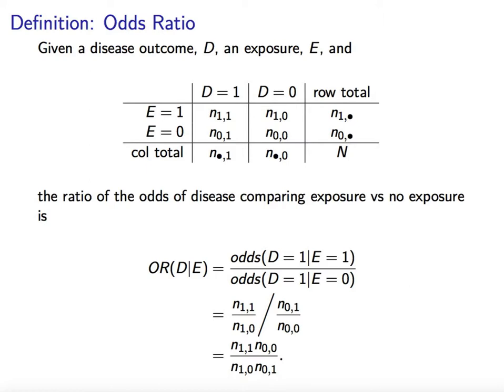So now we can calculate an odds ratio. We have the odds of disease given exposure and the odds of disease given the absence of an exposure. We can divide those values that we just calculated, those odds, and we get N11 times N00, those two times these two, N01 times N10.